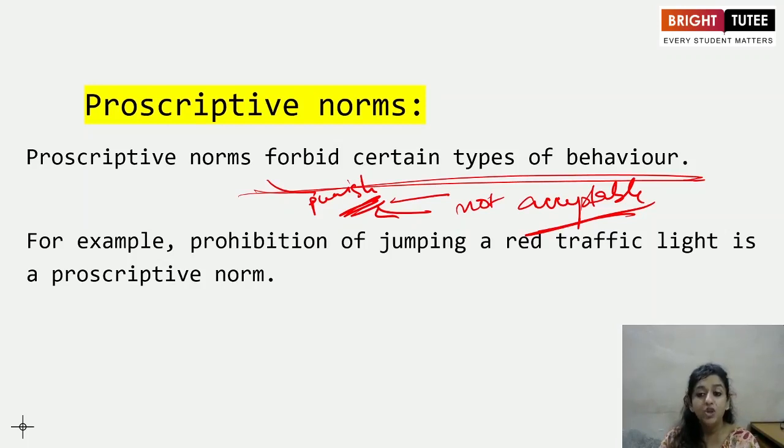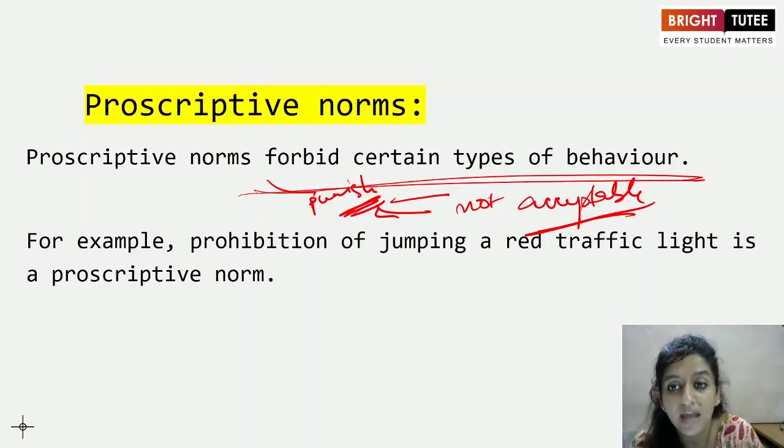When you jump a red light, you are being told that you are not supposed to, and you are being asked to perform the required behavior.